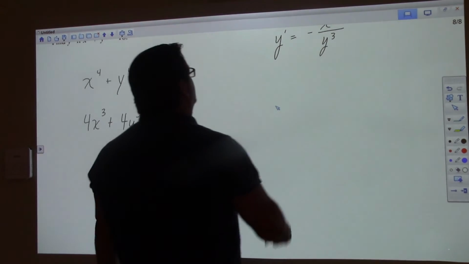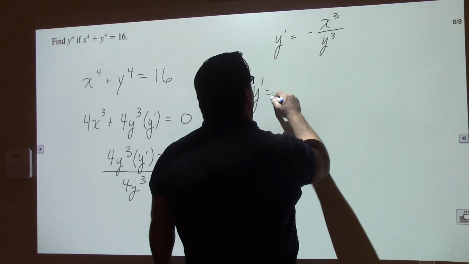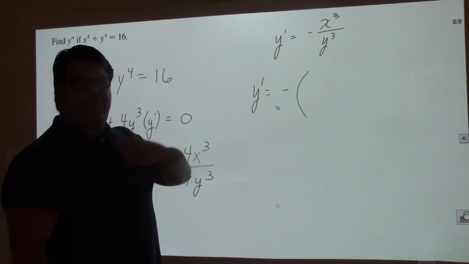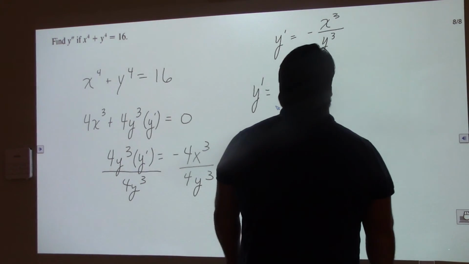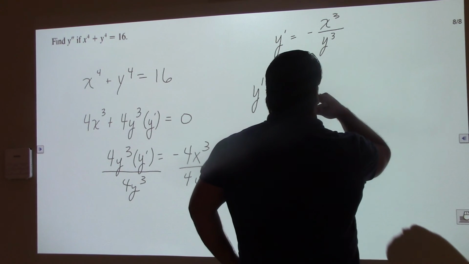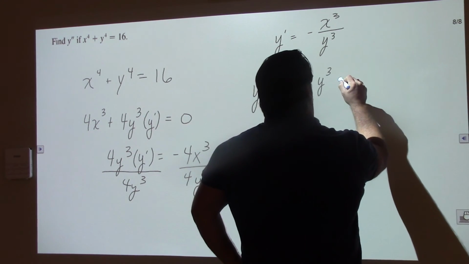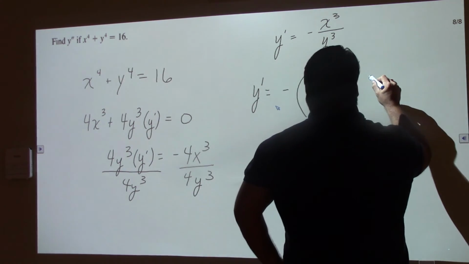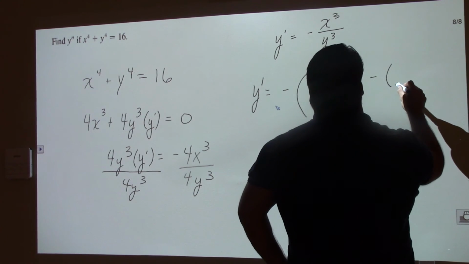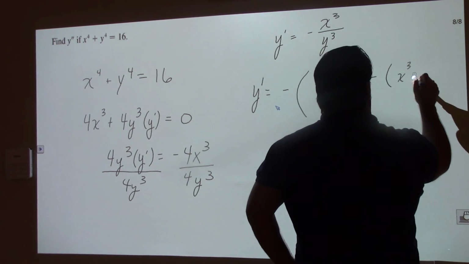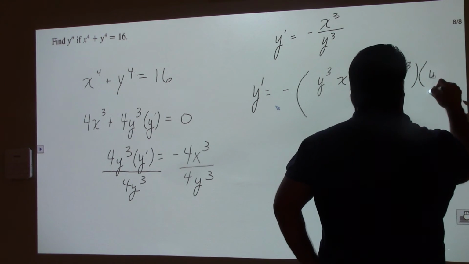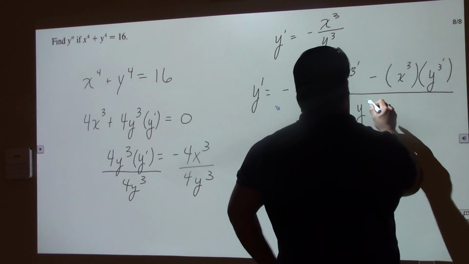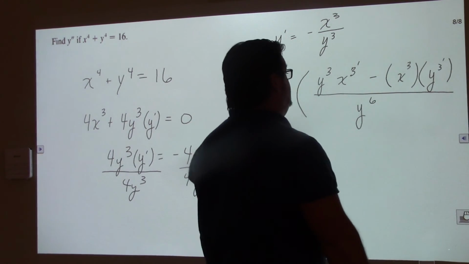So, y prime is equal to, I'm going to pull that negative out. I'm not going to worry about that negative because all it's going to do is confuse me. So I'm going to pull it out like a -1. And that's going to give me denominator times numerator prime minus parentheses numerator times denominator prime over denominator squared, which will be y to the what? 6.